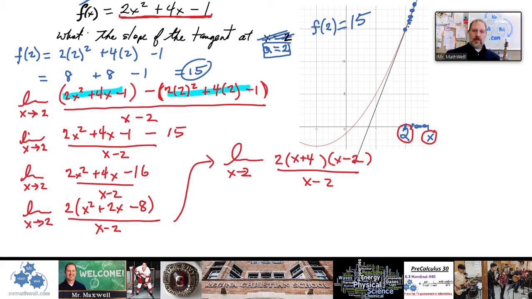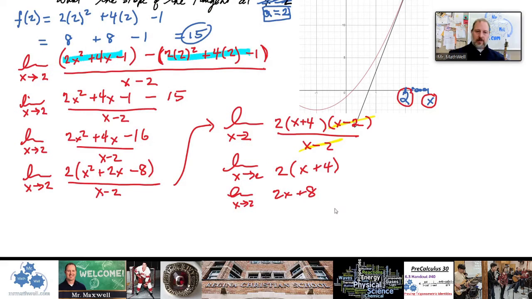Again, you should run into this where you'll have a factor that is the same on the top and bottom, and you're going to be able to factor those out. So as I continue, one final step here to show this, 2x plus 4. And you can rewrite that, whoops, of course, as 2x plus 8. Go ahead. But now you can substitute.